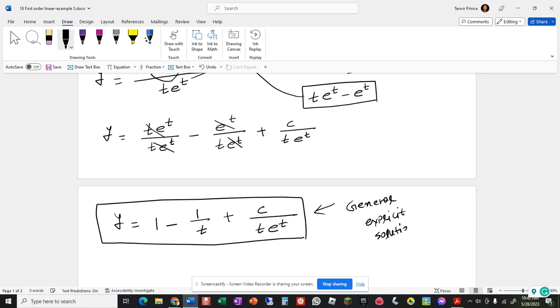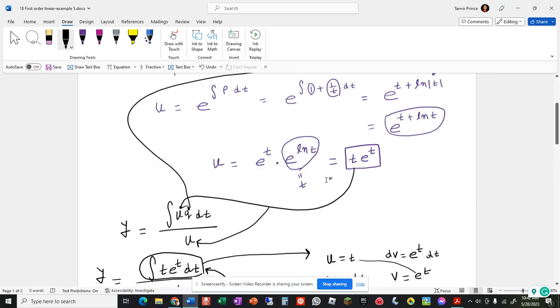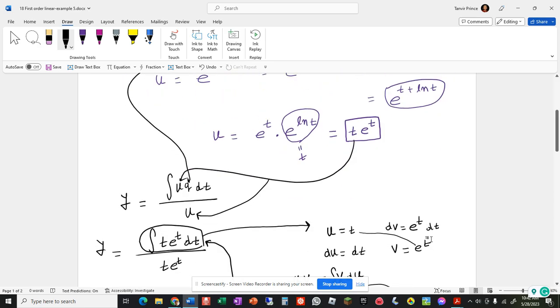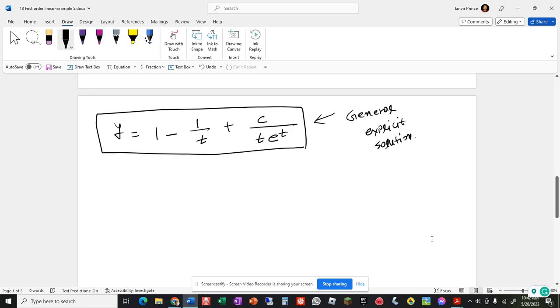Now we have an initial condition, so you cannot forget that. So let's look at the initial condition. The initial condition is y of ln 2 equal to 1. So that means when t is equal to ln 2, y is equal to 1. So let's substitute here. I replace y by 1 and t by ln 2.